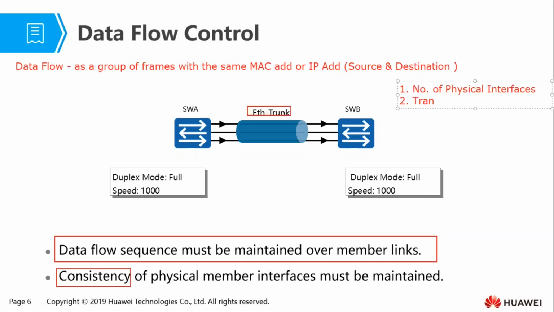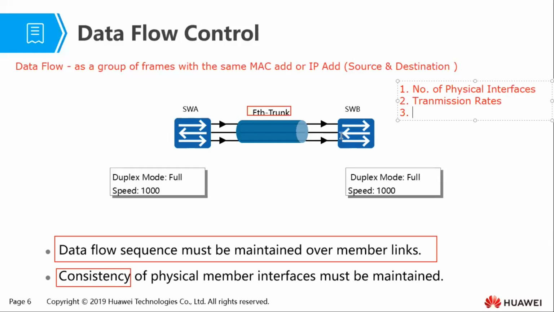The next one is the transmission rate. Transmission rates is simply the speeds. So if in switch A, you have Ethernet interfaces that do 100 Mbps, on switch B, you cannot do gigabit Ethernet.